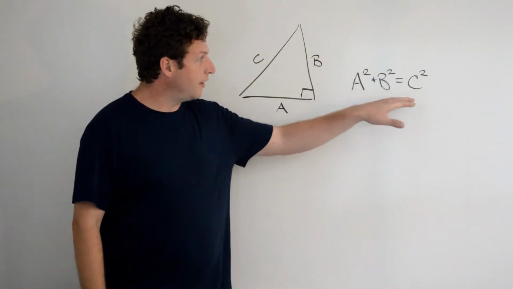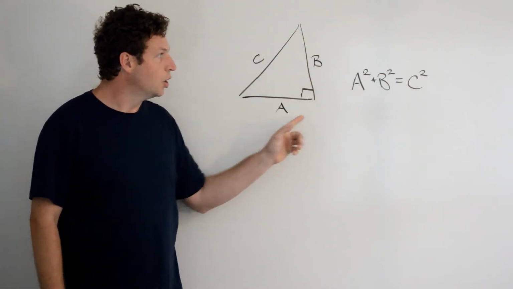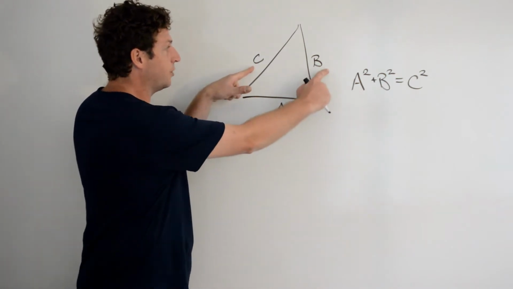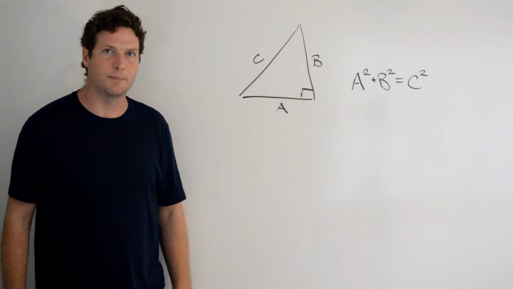We have three variables, which means that if we know two of the side lengths, we can find the third side length. Or if we know these two side lengths, we can find that side length. Let's go ahead and jump right in with some examples.